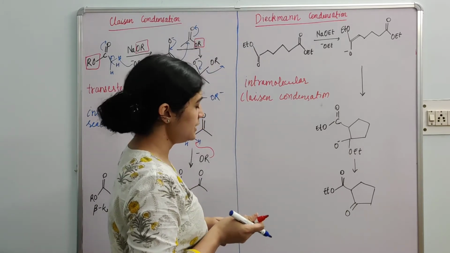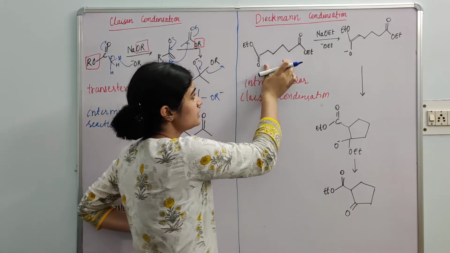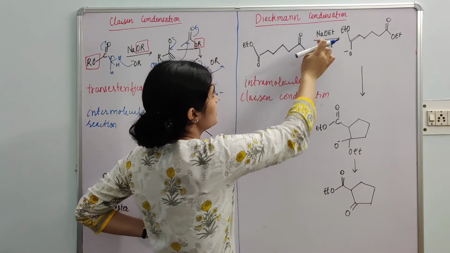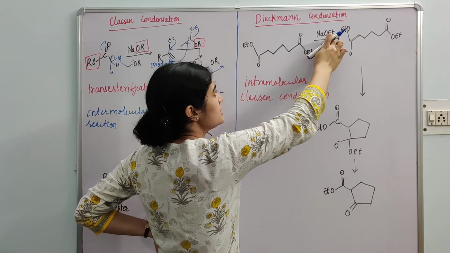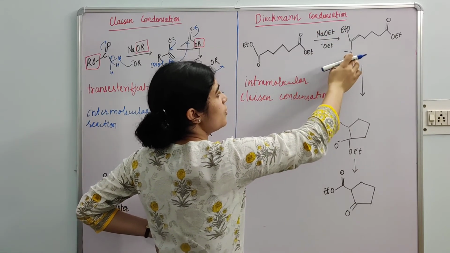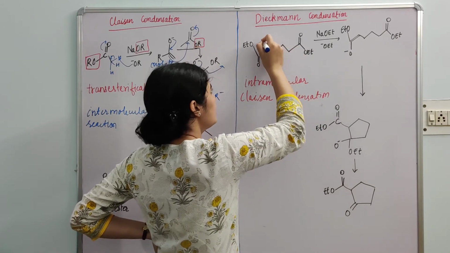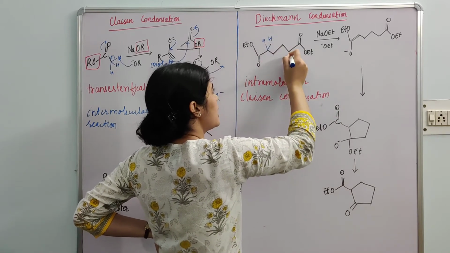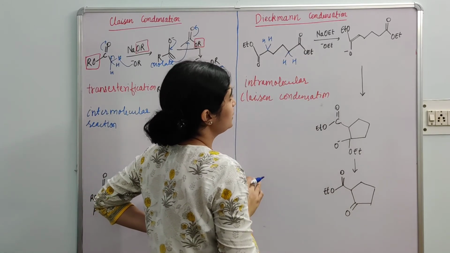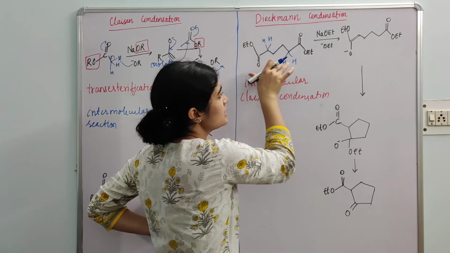Now let's see what is happening here. We have a diester. This diester in presence of alkoxide will form an enolate. Now you have alpha hydrogens at 2 positions. You can eliminate hydrogens from any of the 2 positions. It doesn't matter because the compound you have taken is symmetric.